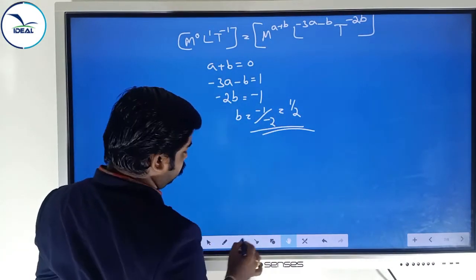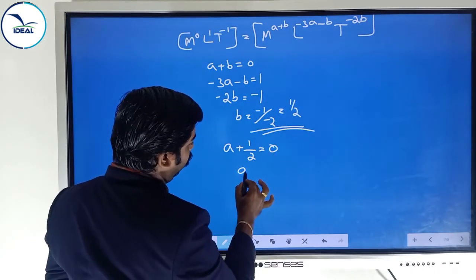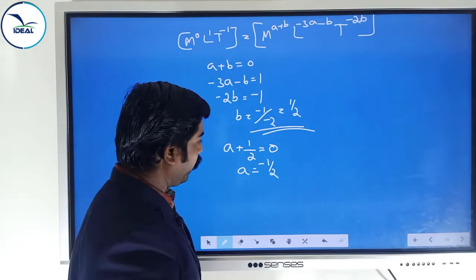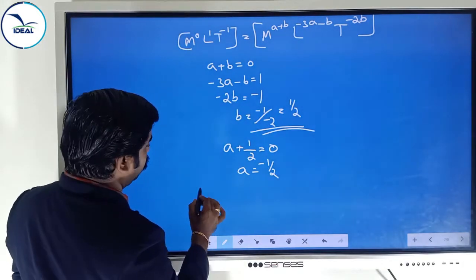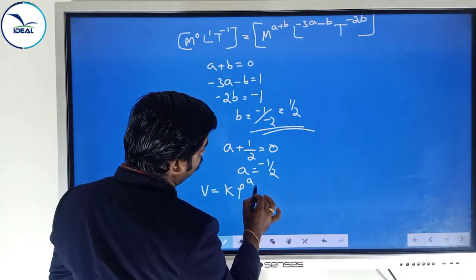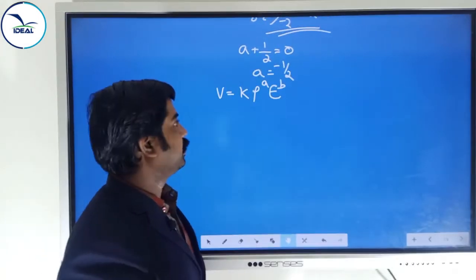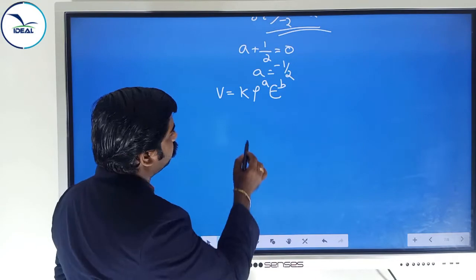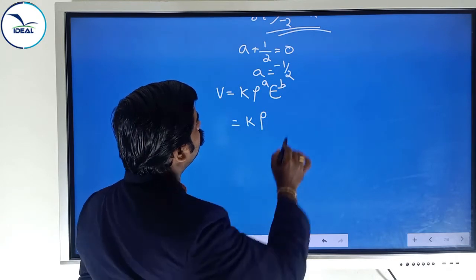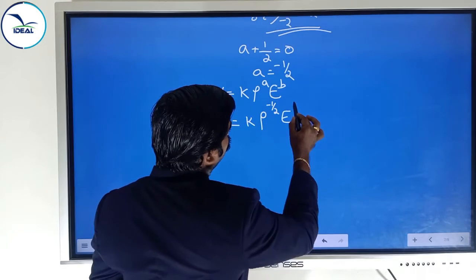From the first equation, A plus 1 by 2 is equal to 0, so A equal to minus 1 by 2. So we got the two variables. We have the equation V equal to K into rho raised to A, E raised to B. We can substitute the values of A and B, so we get K into rho raised to minus 1 by 2 and E raised to 1 by 2.